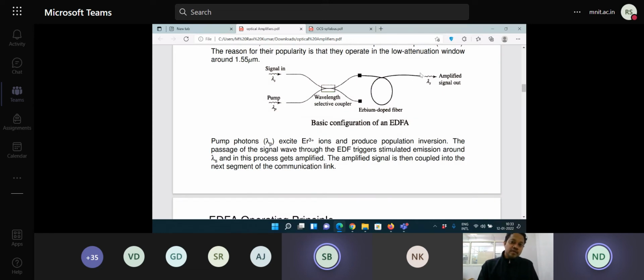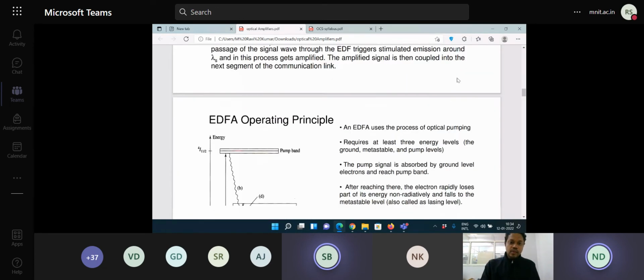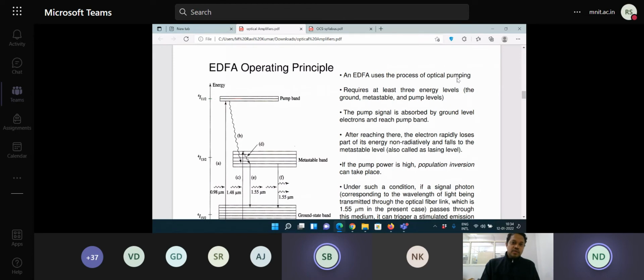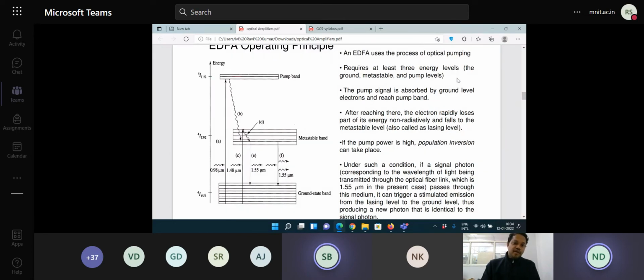That is an undesirable signal which should not be transmitted onto the optical fiber. So there should be filters at the output port which will block that particular wavelength and allow lambda s to pass through. So this is the operating principle of EDFA.